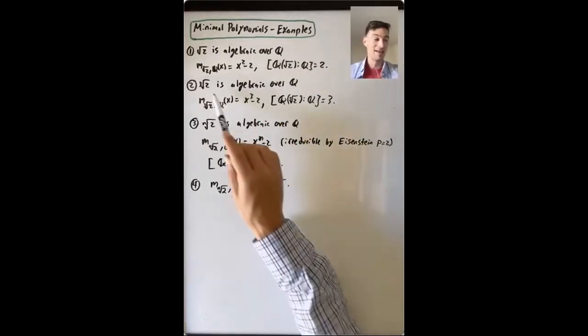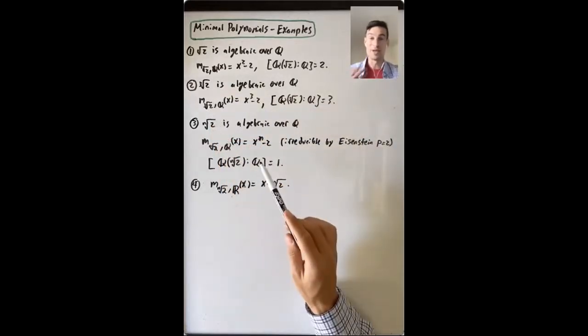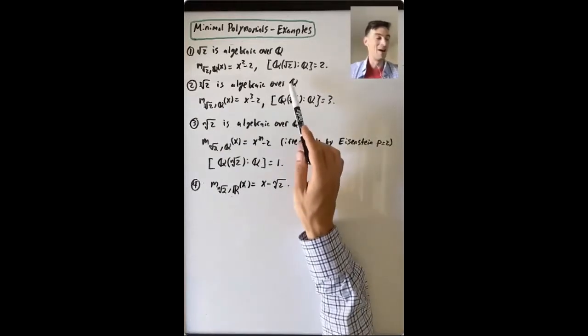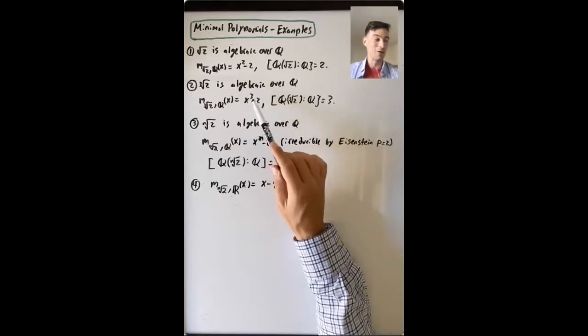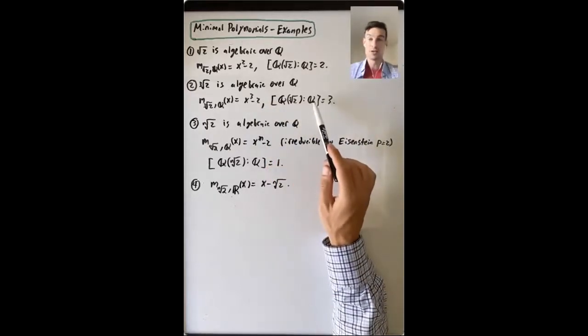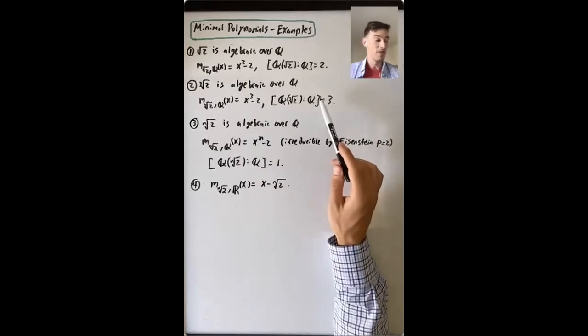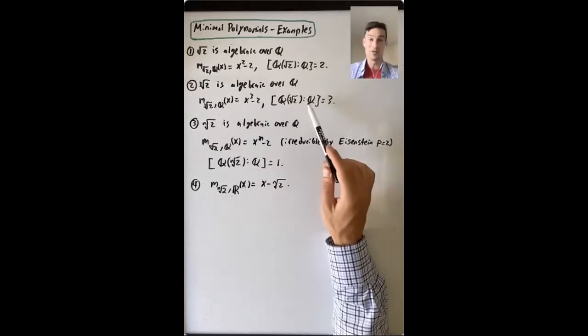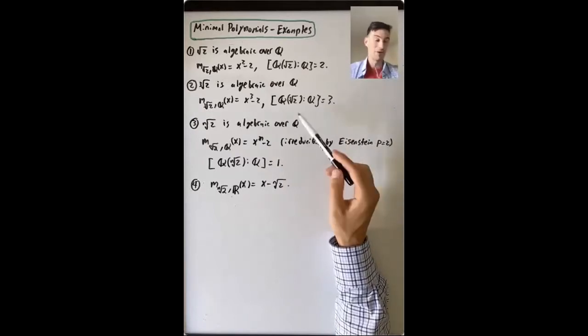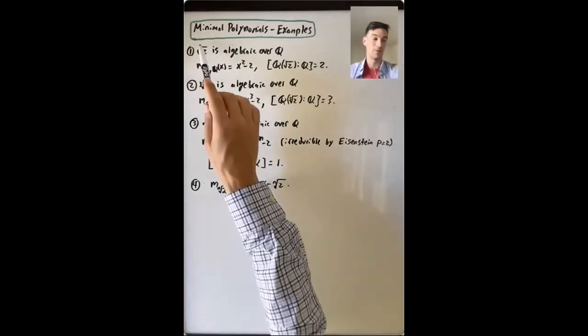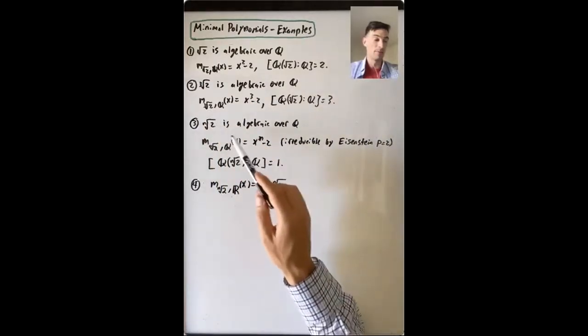Same idea exactly. Let's do the cube root of 2, the real positive cube root of 2. So it's also algebraic over Q. It's a root of this monic irreducible polynomial x cubed minus 2. So the degree of the field generated by cube root of 2 over Q is 3. More generally, you could do this with not just square root, cube root, but the nth root.